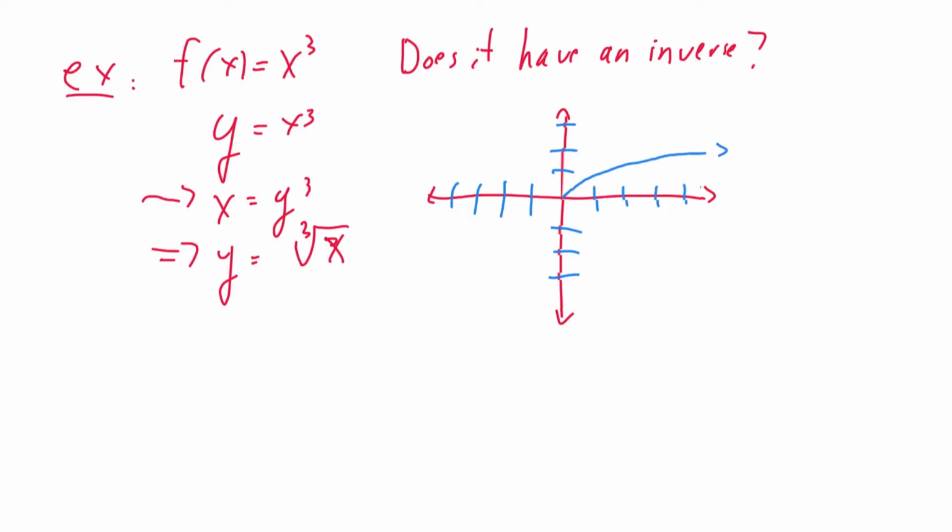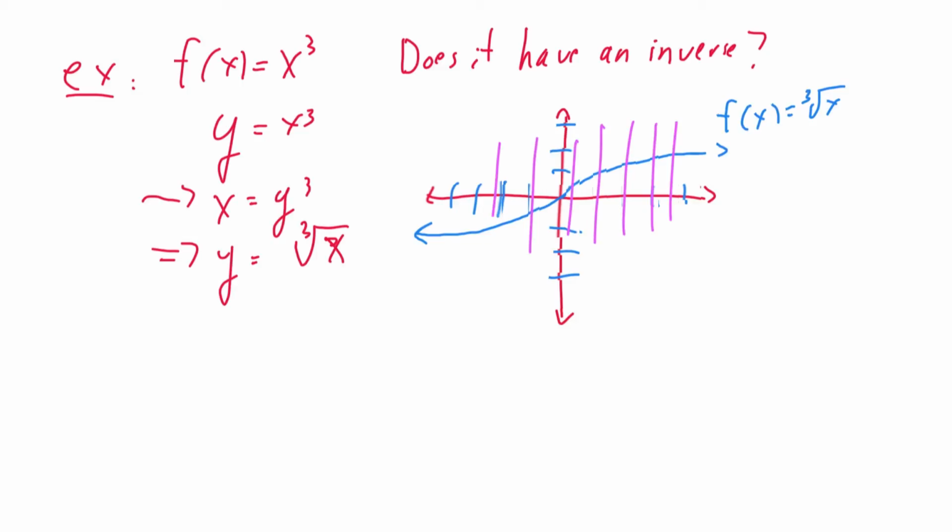Well, it actually is defined everywhere. It looks like this. And unlike the previous example, this passes the vertical line test. So the inverse, what we think the inverse function should be, actually exists as a function.